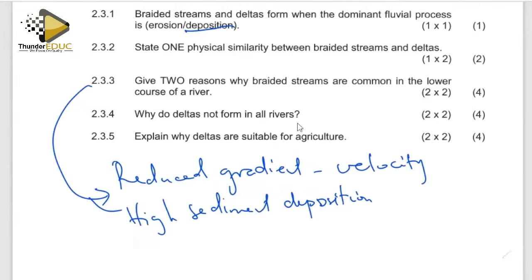And as a result, the river is going to start to deposit load along the channel. So that is the situation of the causes of the braids in the lower course of the river.